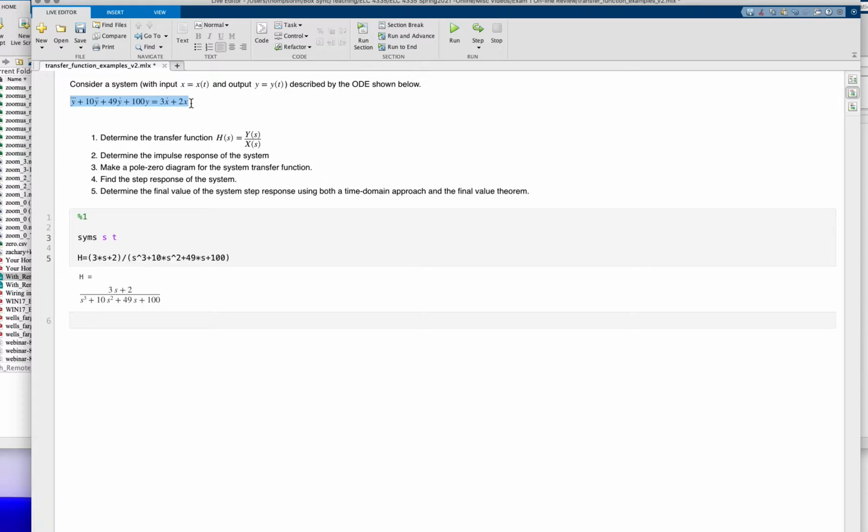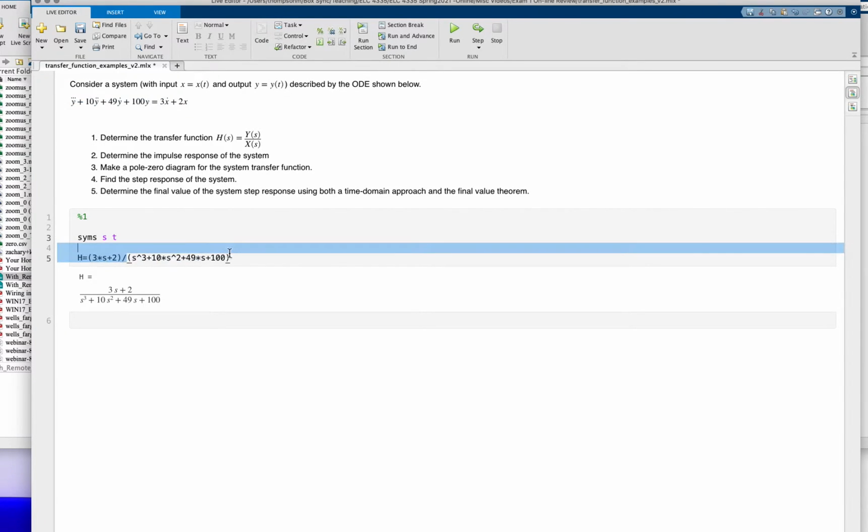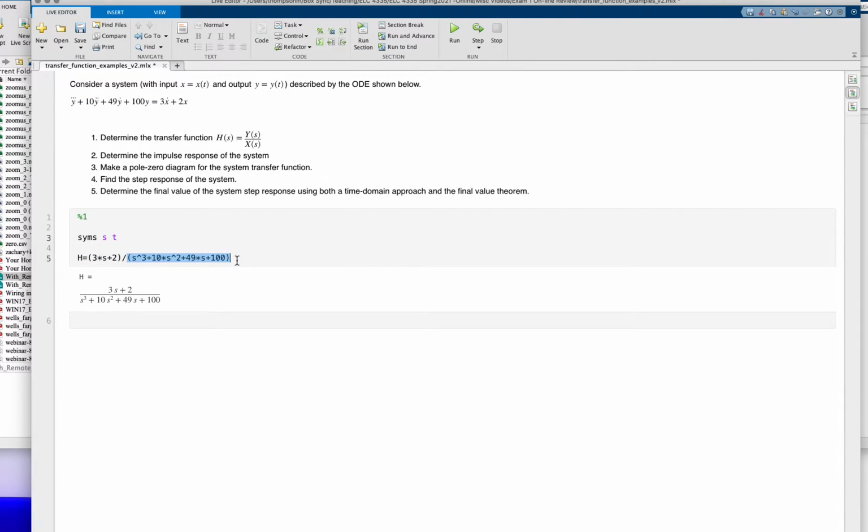When you do the rearranging, you get the denominator term, that's the coefficients in front of the y's, and you get the numerator term, that's the coefficients that are in front of the x's. Hopefully you follow that. So this is our transfer function, and so that solves part 1.